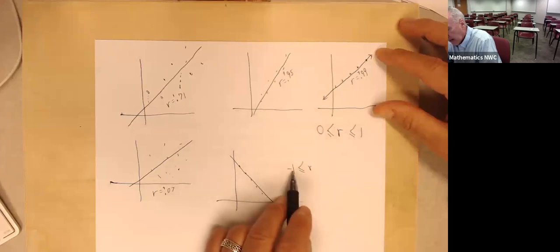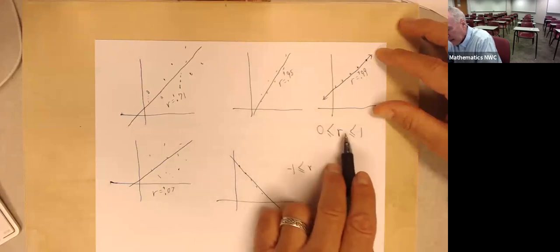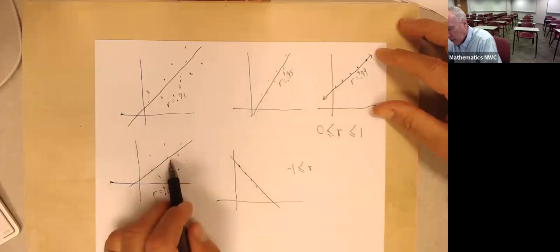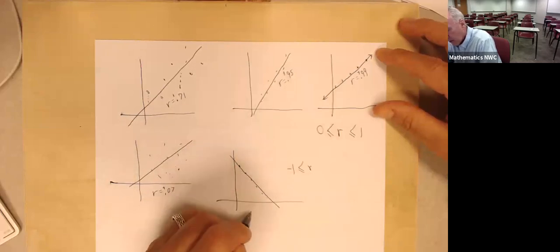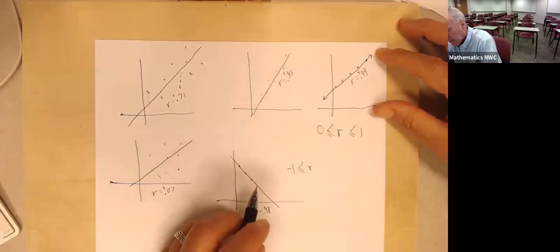But it would have been a negative. So if it's positive, it has a positive slope. If my R is negative, this one, for example, would have probably been a negative 0.98 or something like that.